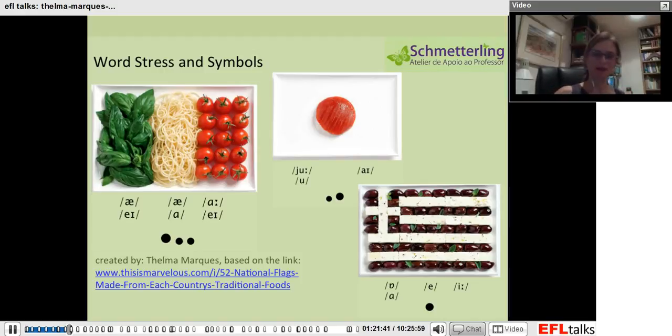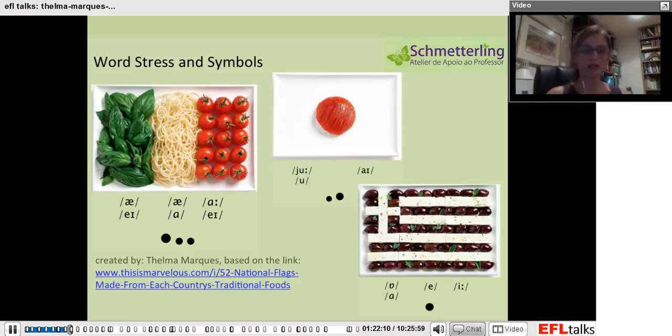Here, another important aspect of pronunciation is word stress. It's possible to use pictures of flags, food, names of countries to introduce the symbols, and also dots, look here, to show the number of syllables of words and word stress. You can also point out the different pronunciations of British and American English.